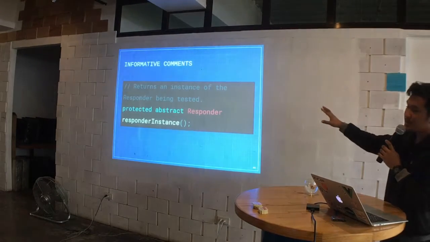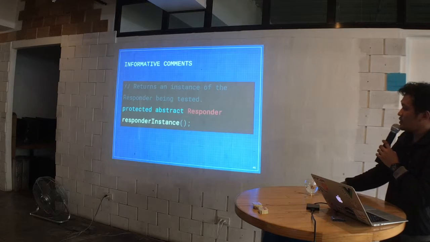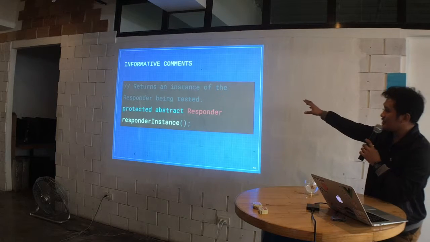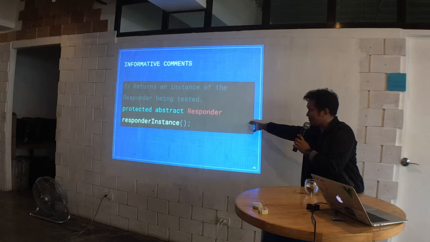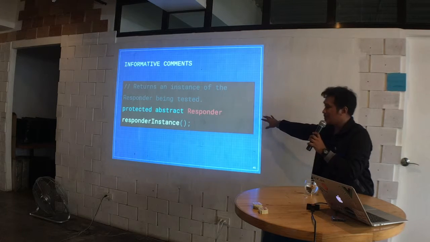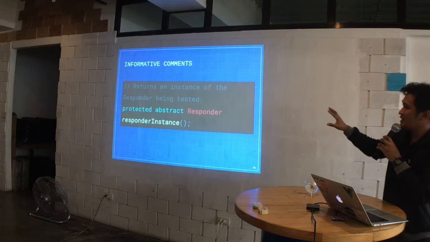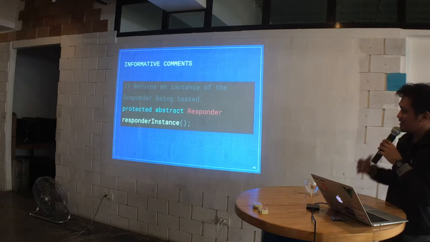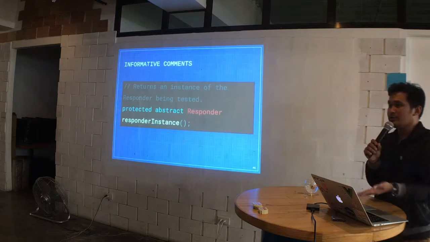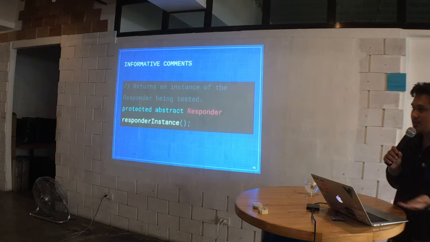Another is an informative comment. You can see here that there's information on what the function does. You put information where it is easy to understand. This is also helpful if you are a new developer coming into the company.